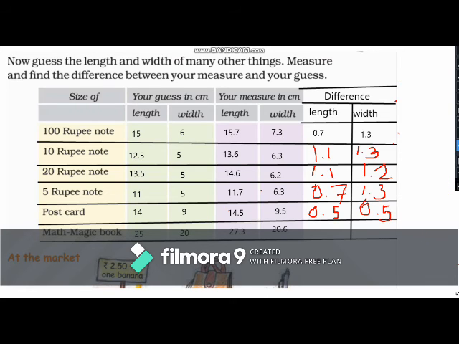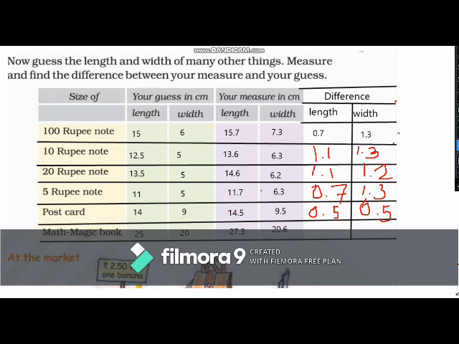Now here I have guessed the length and width of the Math Magic book as 25 centimeter length and 20 centimeter width. When I measured the Math Magic book, I found that the length is 27.3 centimeter and width is 20.6 centimeter.